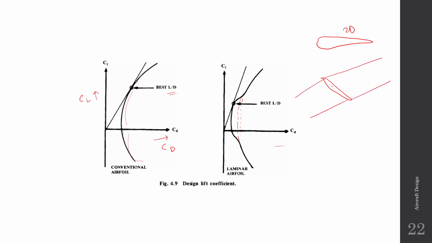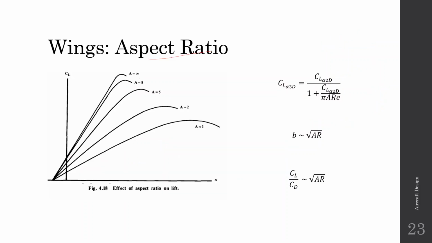But in real life, nothing is 2D, and nothing can be of infinite length. So we create finite wings. Now we have some aerofoil, and there is some length and some breadth.